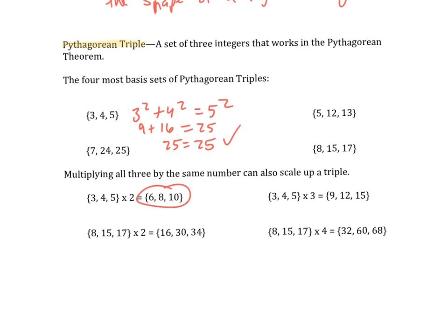There are a few more examples there. You don't have to memorize them, but you should start recognizing, especially 3, 4, 5 triangles, that those are going to be right triangles with those side lengths, and that we have those as Pythagorean triples.